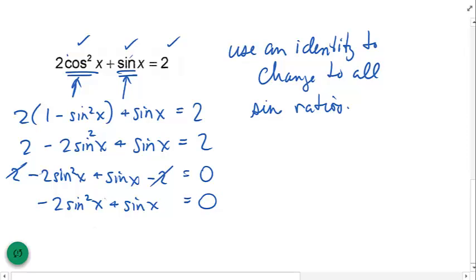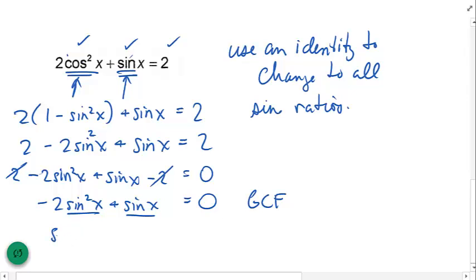And now I have the scenario where I just have to factor out a greatest common factor because there are only 2 terms. If there were 3 terms, I most likely would have to factor by using the AC factoring method, or as we call it in class, the X method. But in this case, we just have to factor out the greatest common factor, which is going to be sine of x.